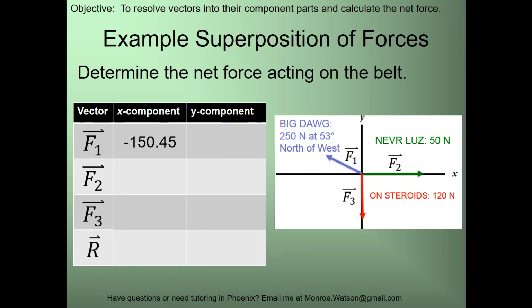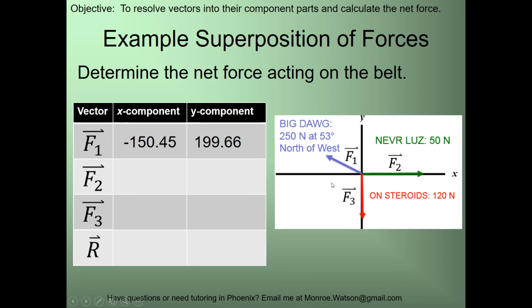Okay, for the first one, we've got the negative 150.45. I'm going to use my trig ratios for that. And notice that it's pointing in the negative x direction, because we define on our xy coordinate system that anything going to the right is positive, anything to the left is negative. For the y component, it's going up here, so it's 199.66.